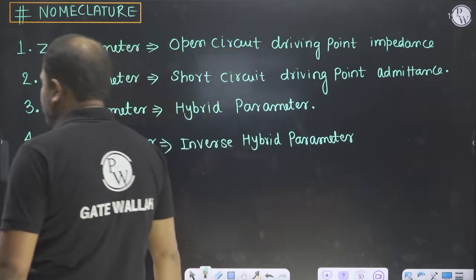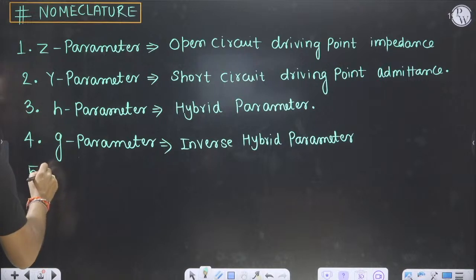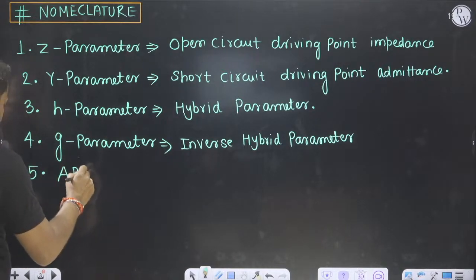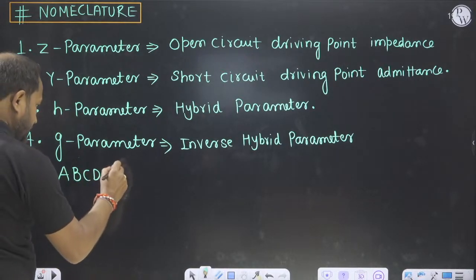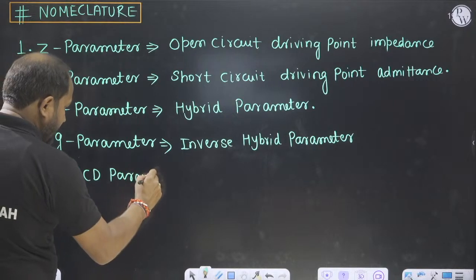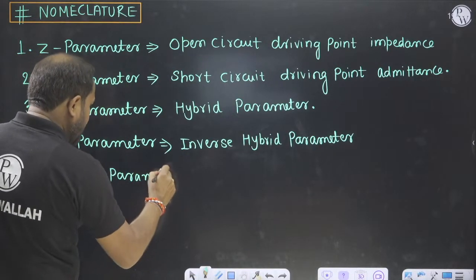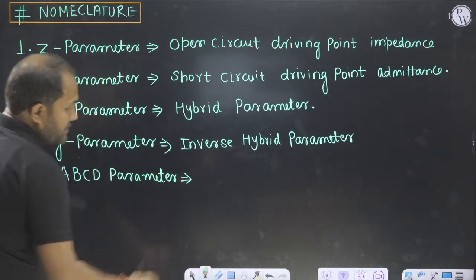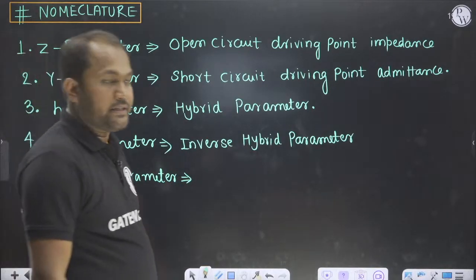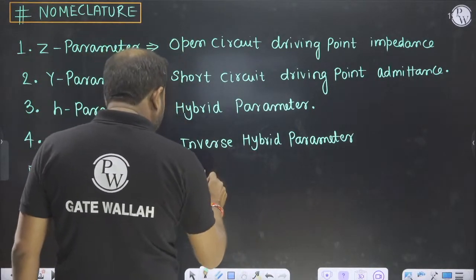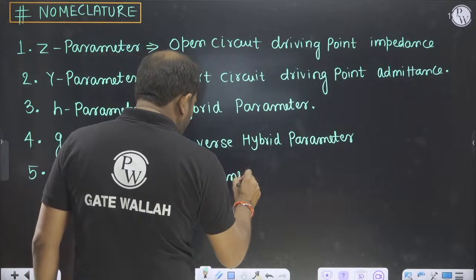Then we have the fifth one, capital ABCD parameter. ABCD parameter is known as transmission line parameter because it is very useful in EMFT and power system.